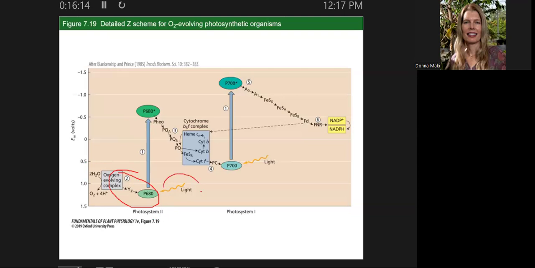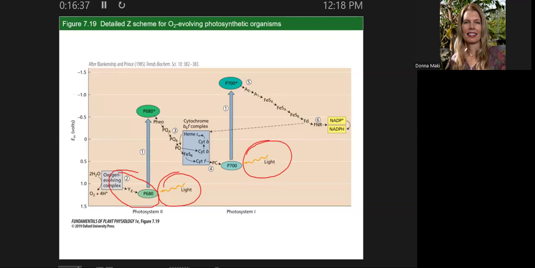So you see light has to be striking these two photosystems for all of this to work and flow continually through the day. So in the dark, they can't do this. They don't get that excitation of the chlorophyll, where the electron gets excited and handed off.